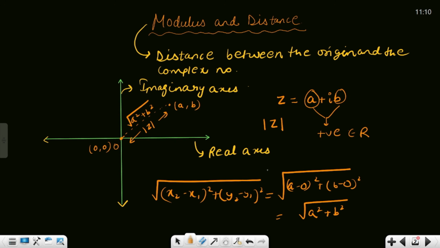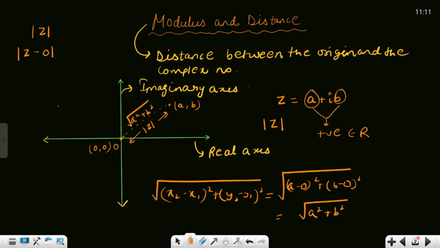And now, what is the meaning of distance? See, I have written here modulus of z. I can also write the modulus of z as modulus of z minus 0. So how will we read z minus 0 modulus?